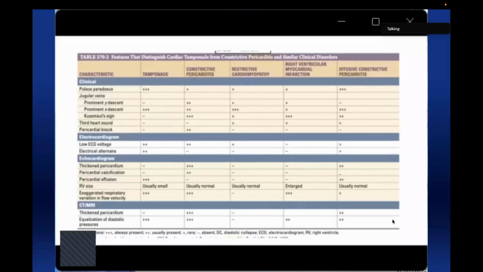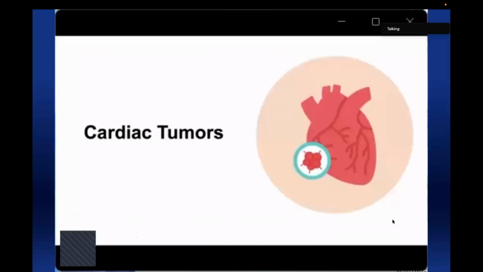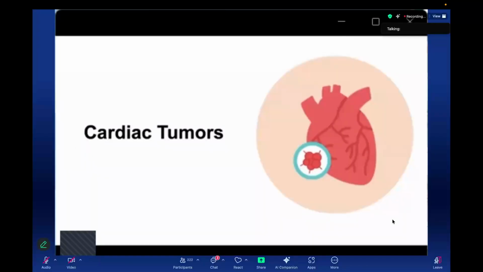Low voltage is very common, and presence of your electrical alternans. Okay, so these are some of the distinguishing characteristics of your cardiac tamponade from your constrictive pericarditis and some similar clinical disorders like your RV myocardial infarction. Now, let's go to the last topic, your cardiac tumors.